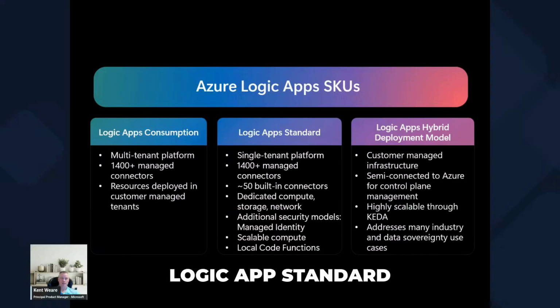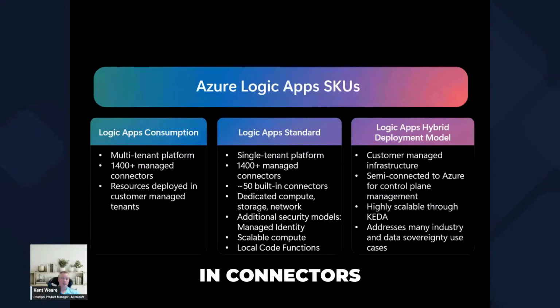Now, Logic Apps Standard is generally what we recommend for most customers, just because it offers you some additional capabilities. So number one, it is that single tenant platform, and some of the benefits of that include the dedicated compute, storage, and network. We also allow you to use those same 1,400 managed connectors, but in addition to those connectors, we also have 15 built-in connectors.